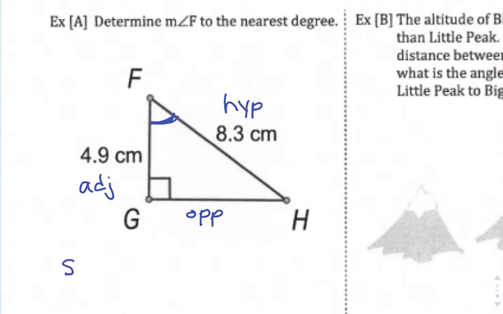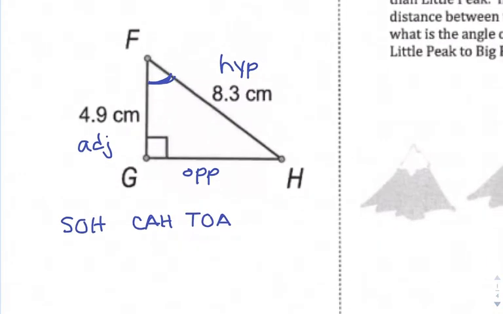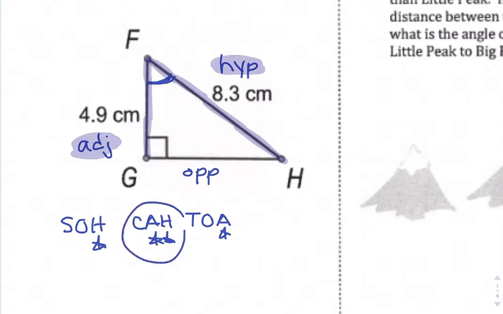So I'm going to write out my SOHCAHTOA to help me see what trig function I have to use. If I look, I have a length on my adjacent side and a length on my hypotenuse side, so I'm going to put a star under any H or A. So here's an A and here's an A. So I would be using cosine.